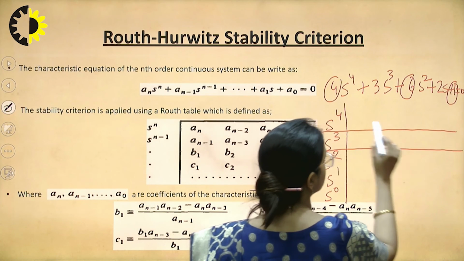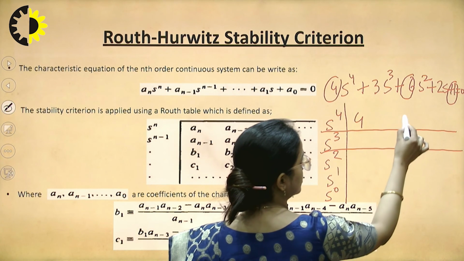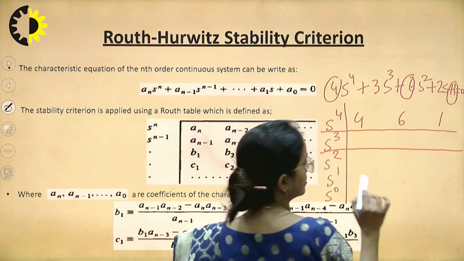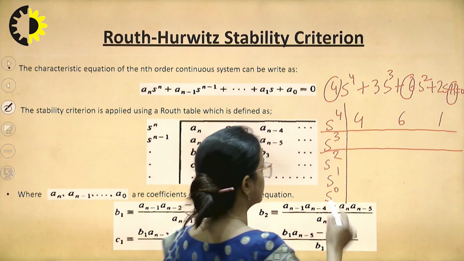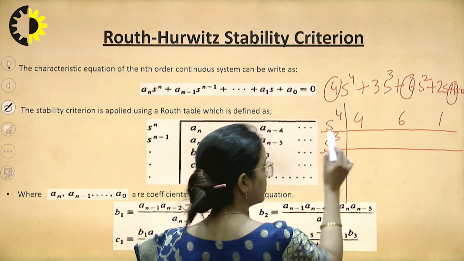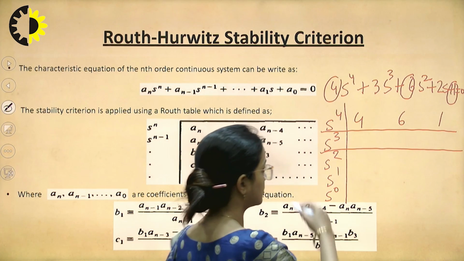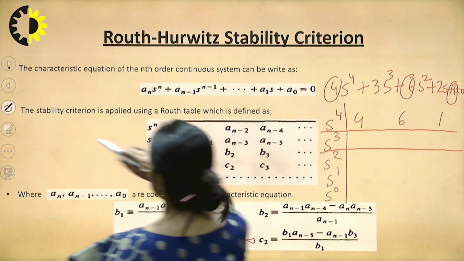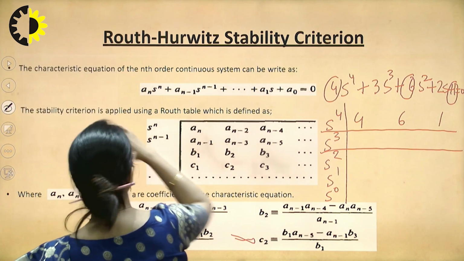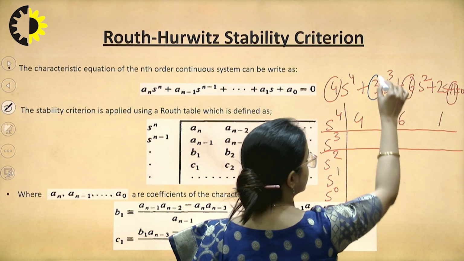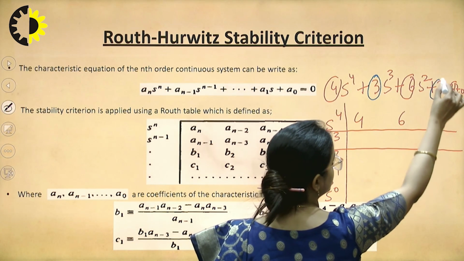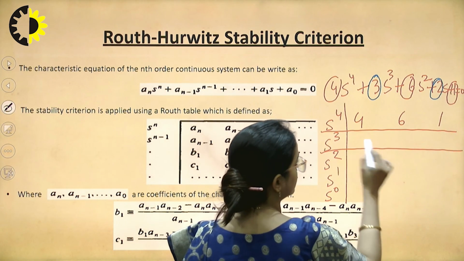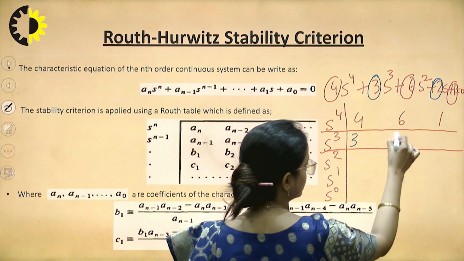So we will be writing 4, 6 and 1. That row is complete. Now we have to see s raised to the power 3. For that we have to consider all the odd coefficients, 3, 2 and then we don't have any. So we are writing 3 and then 2.